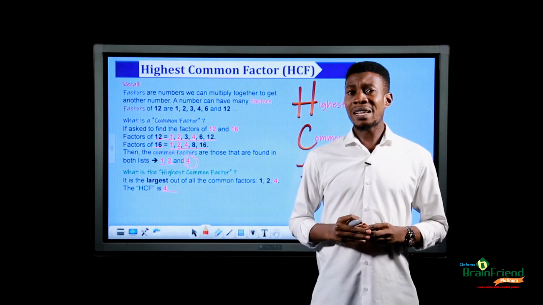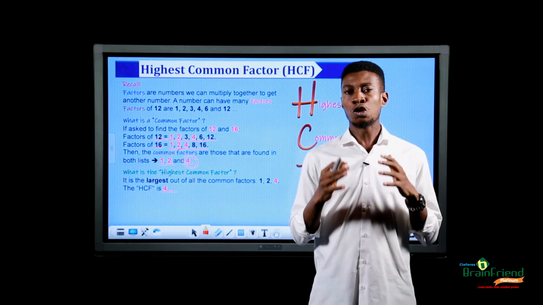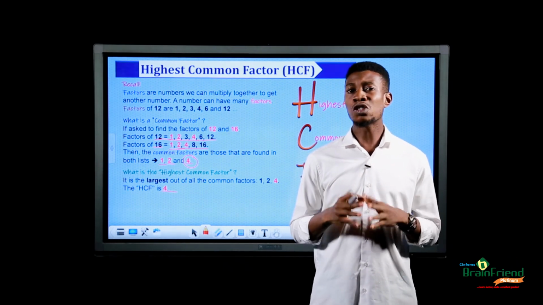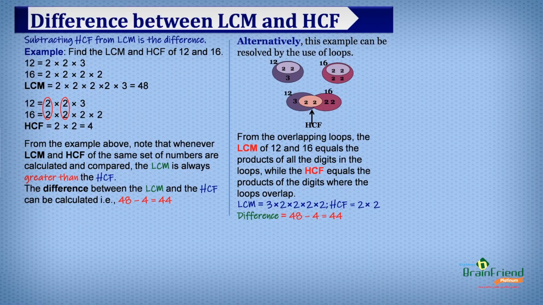I believe that reminder was good enough. Now let's go on in this lesson to see one of the important objectives of the lesson. The difference between LCM and HCF.